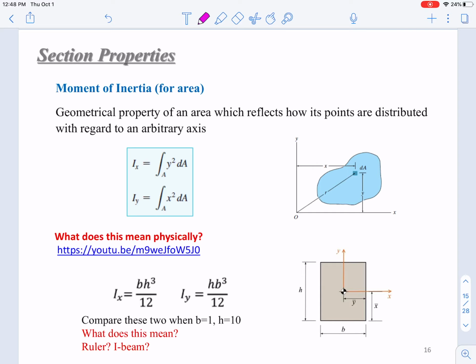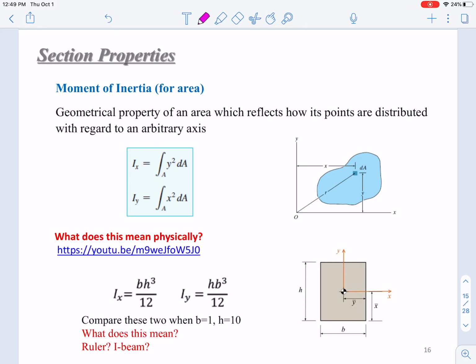As shown here in this simple rectangular shaped beam cross section, the Ix equals bh cube over 12, and Iy equals hb cube over 12. The differences will not be that obvious for this shape. So let's compare these two when b equals 1 and h equals 10.